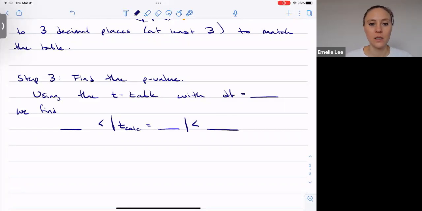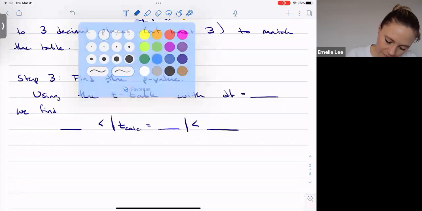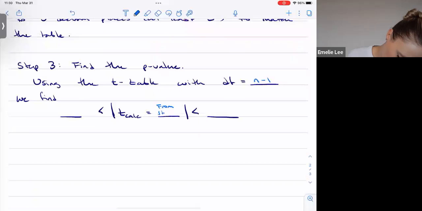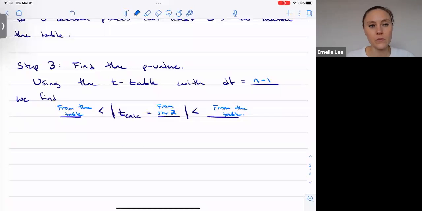So here, I'm going to fill in these blanks: n-1, and the calculated is from step 2. And this is from the table, and this is from the table.